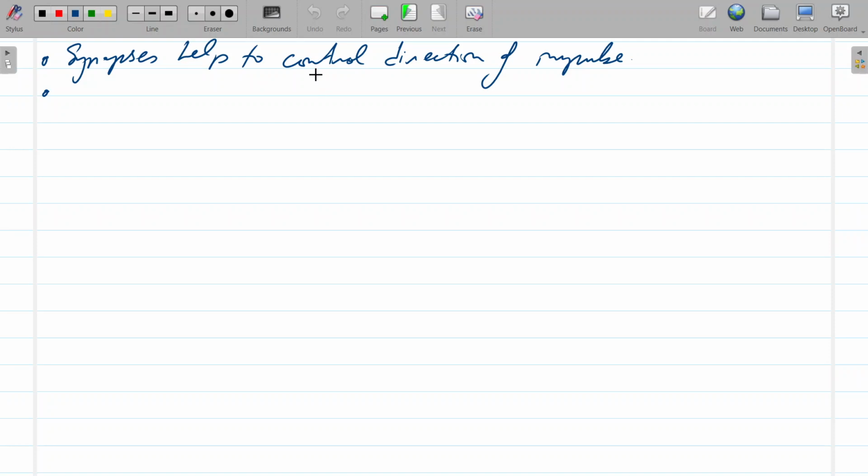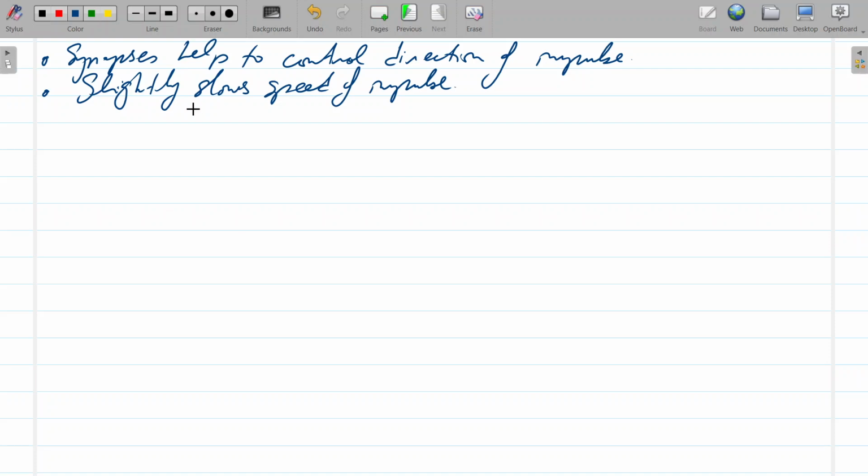And so it slightly slows down the speed of the impulse.